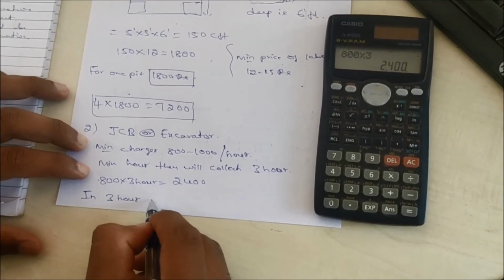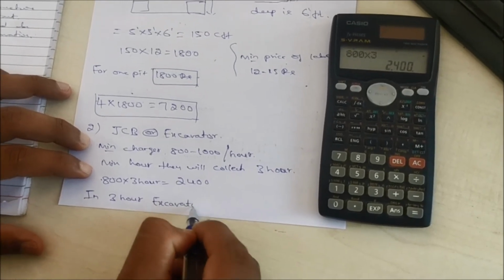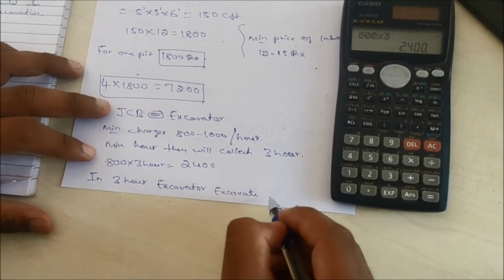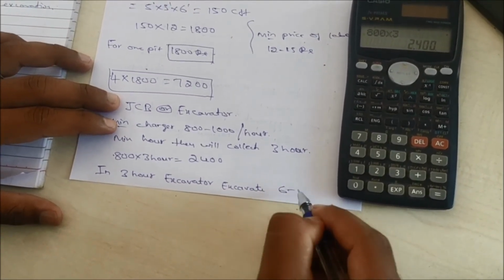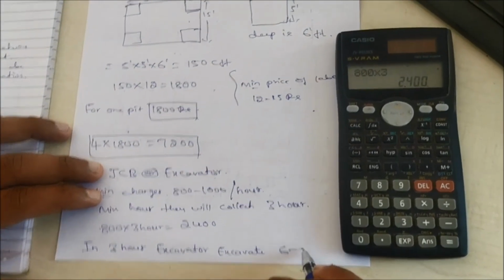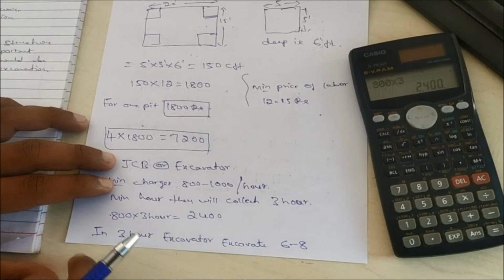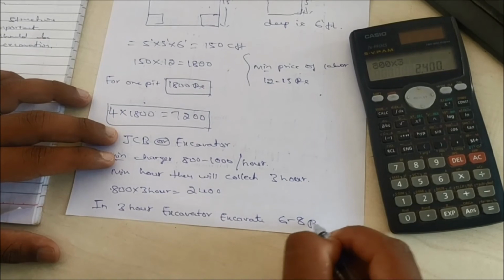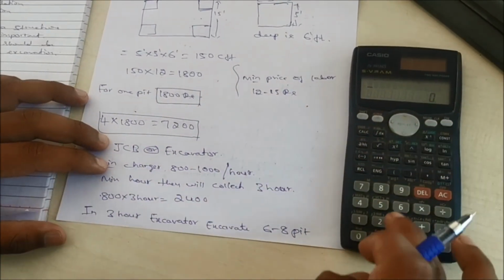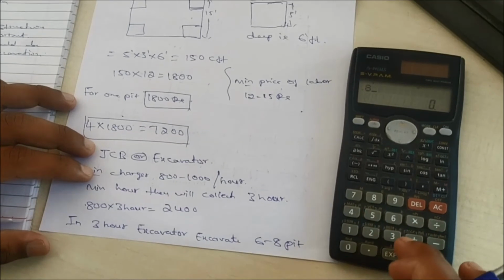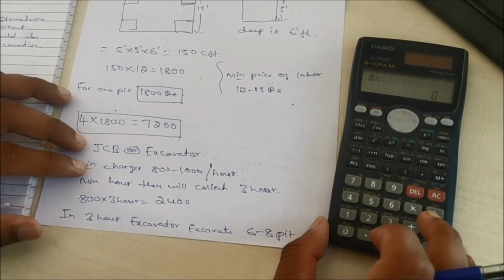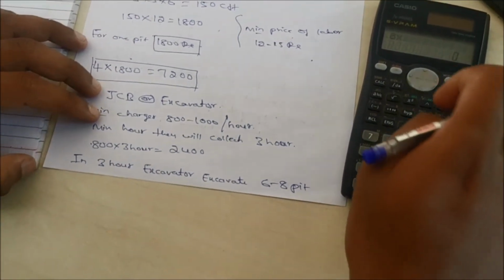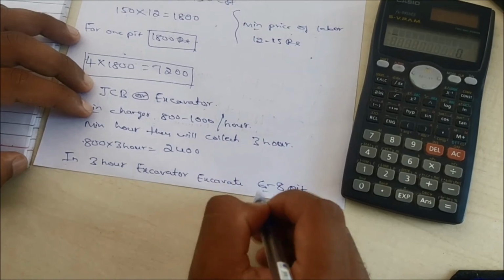In 3 hours the JCB or any excavator can excavate a minimum of 6 to 8 pits. So for 8 pits, it is 2400.